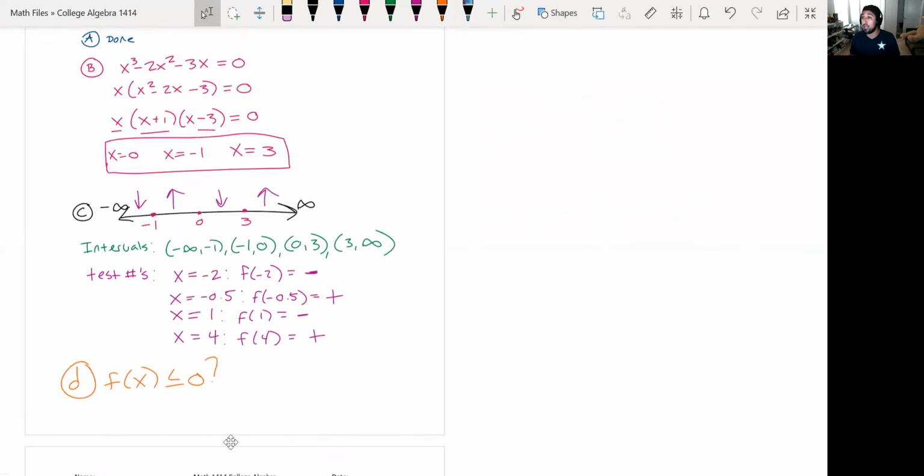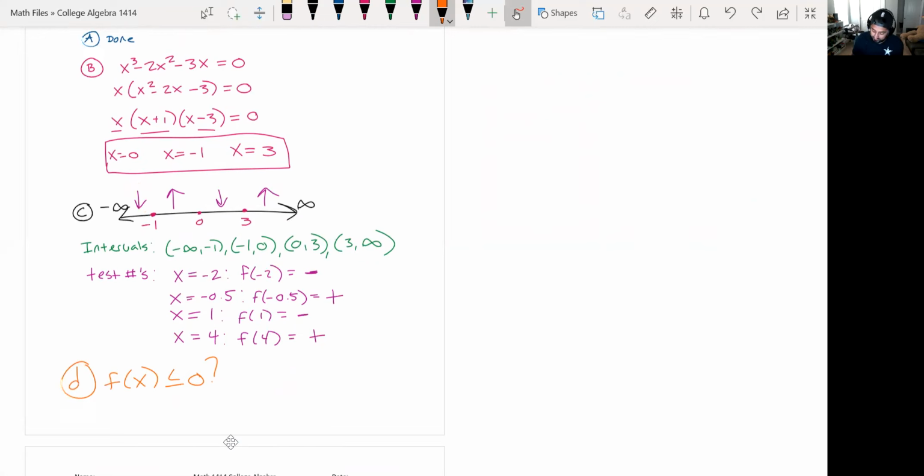Meaning, where are we below the x-axis and on the x-axis? Looking at your number line, we're looking for below and on. Down arrows mean below, and the x-intercepts mean where we are on.